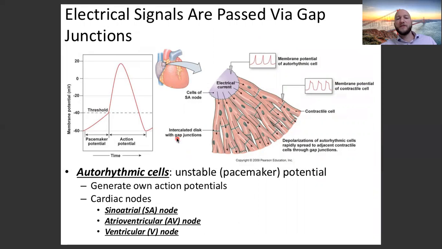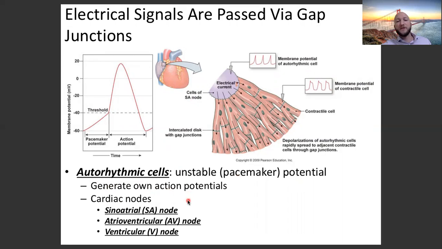But there's a group of cells that does it the fastest, called the SA node. When the SA node depolarizes, it passes that onto the adjacent cells, which pass that onto the adjacent cells, which pass that onto the adjacent cells through those intercalated discs. So those are the autorhythmic cells. They can set their own rhythm. They generate their own action potentials.